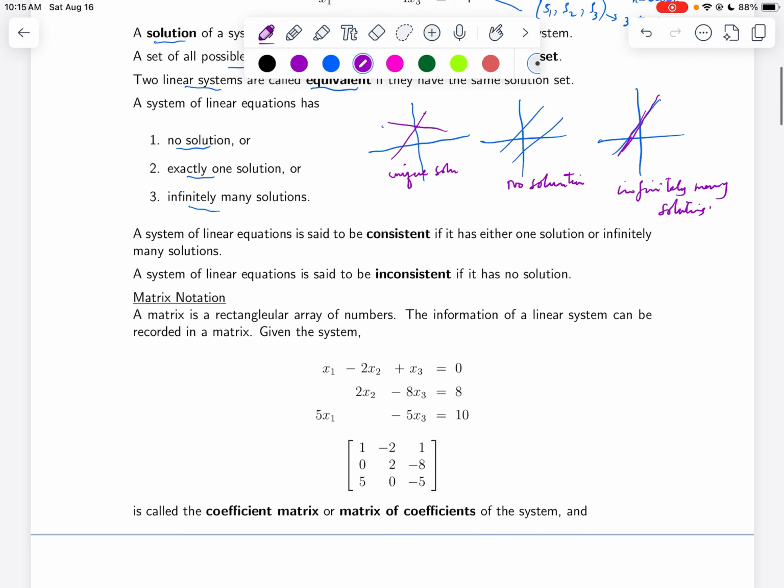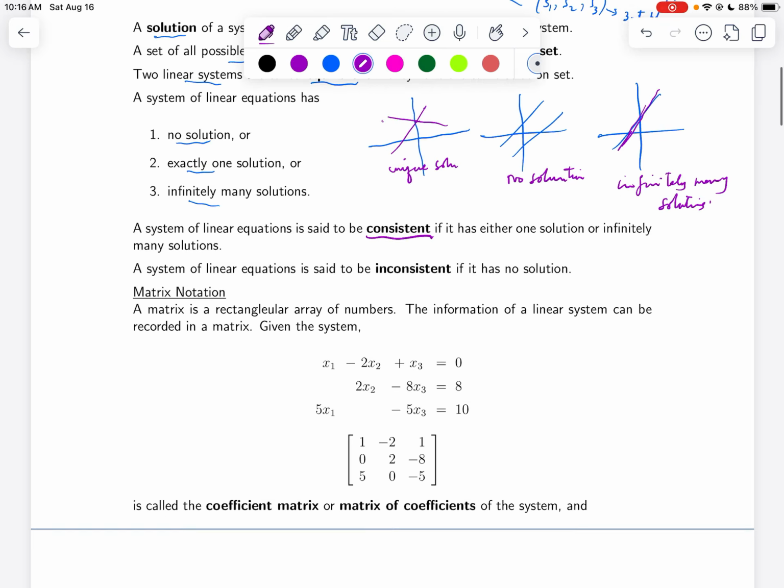So we can say that this is true for any number of equations in any number of variables. Now, a system of linear equations is said to be consistent if it has either one solution or infinitely many solutions. If there is a solution, one or infinitely many, then the system is consistent, and it will be inconsistent if there is no solution.